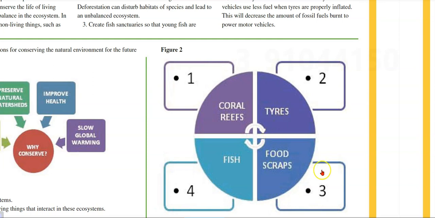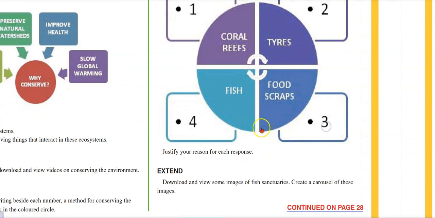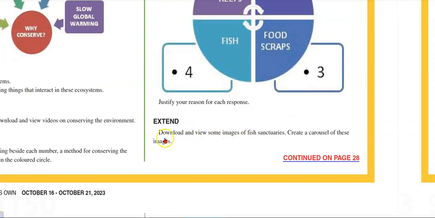Food scraps, of course we can use that, and we can make our compost and so on. Fish sanctuaries, make sure that we're not overfishing, make sure that our fishing techniques are safe. We're not using dynamite or anything that can damage the reef and so on. It says here, download and view some images of fish sanctuaries and create a carousel of these images.